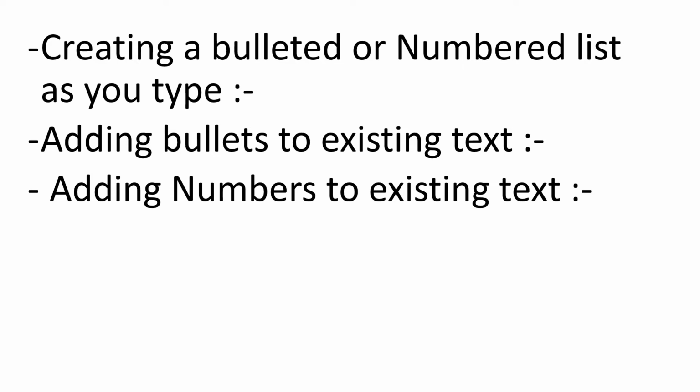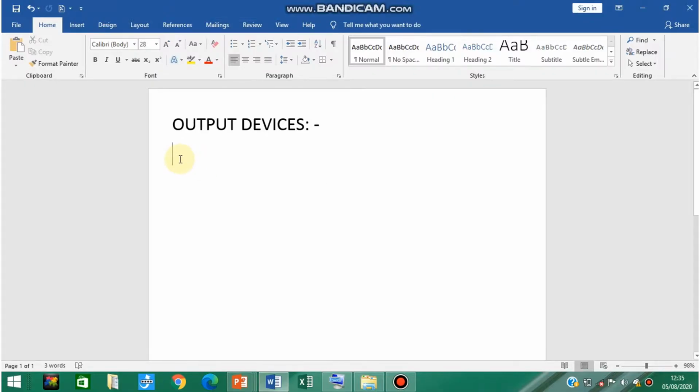Whichever is comfortable with you, you can use that. Now first we are going to see how to insert the bullet list while we list the contents in our document.